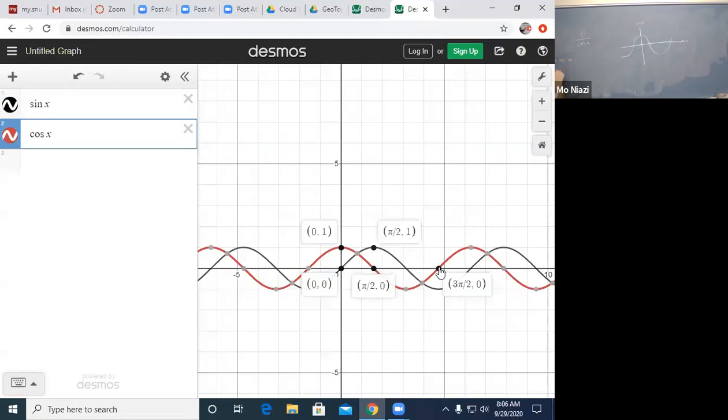That means x cannot equal the cosine inverse of 0, which is equal to, as you see, pi over 2. That's when cosine is 0. 3 pi over 2, that's when cosine is 0, plus 2n pi, all integer multiples of 2 pi as well. So, what does that make the graph look like?